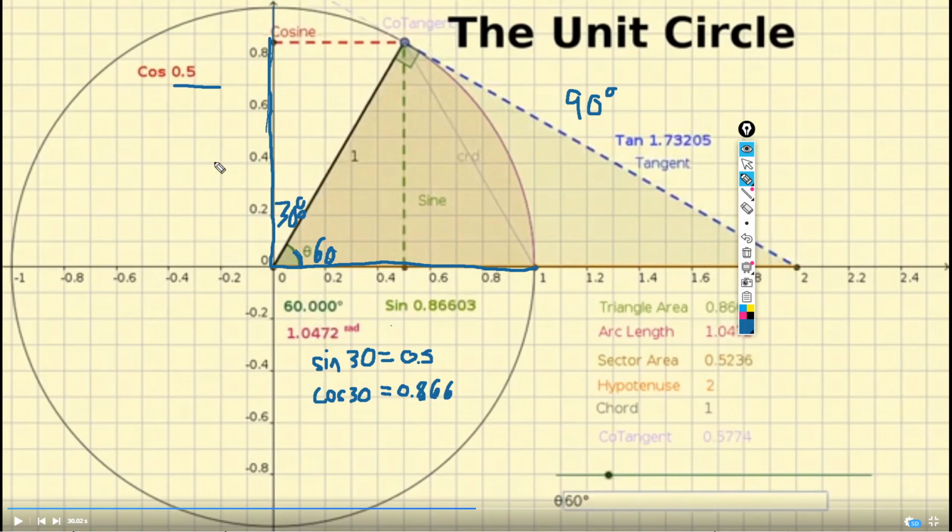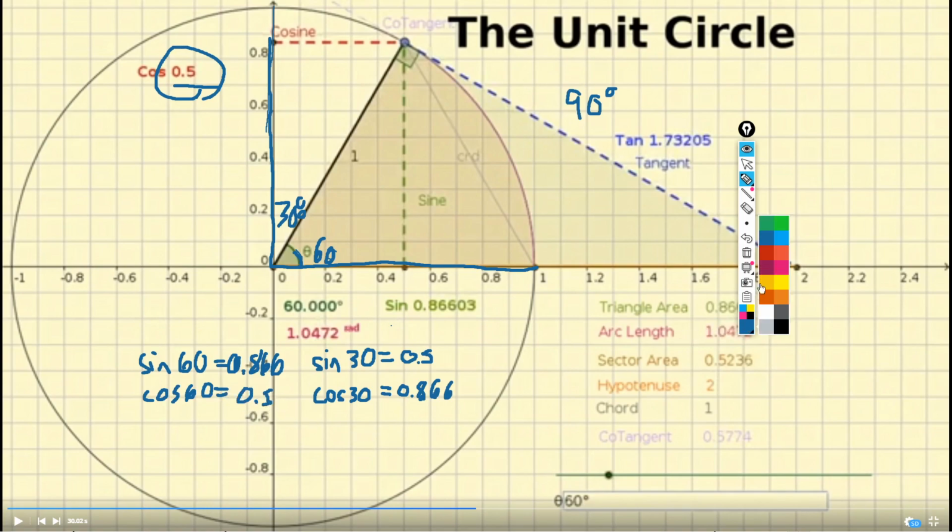Cosine is 0.5. Sine is 0.866. So now sine of 60 is 0.866, and cosine of 60 is 0.5.